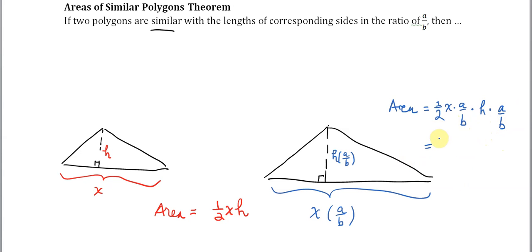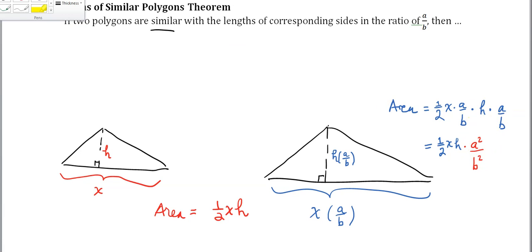This is all multiplication, so it's going to be 1/2 x h, and then I have an a over b, and then a second a over b. So when we combine that all together, it's going to end up being a squared, because it's a times a, over b squared. Okay.